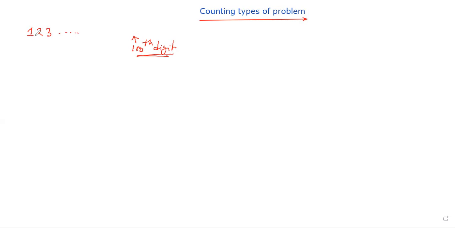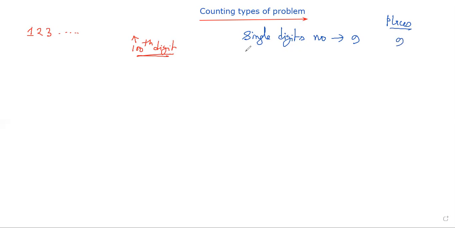You know that the initial nine numbers are single digit numbers. Single digit numbers, how many? 9. So how many places will they occupy? 9 places.